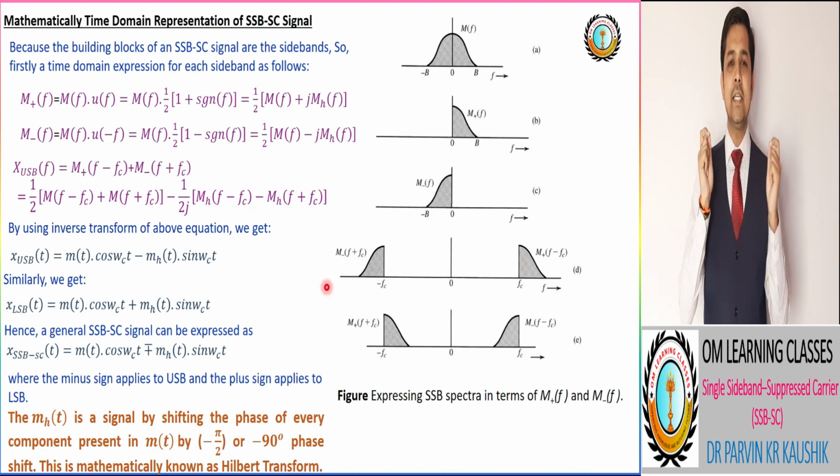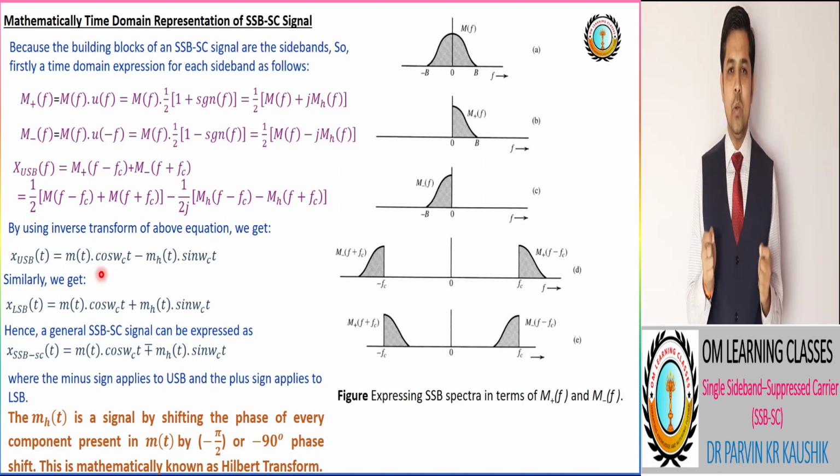So by utilizing inverse transform for this above equation, we get the resultant equation of the upper sideband SSB-SC signal, and that is equivalent to m(t) cos ωct minus m_h(t) sin ωct. Similarly, we get the lower sideband SSB-SC signal representation, which is equivalent to m(t) cos ωct plus m_h(t) sin ωct.